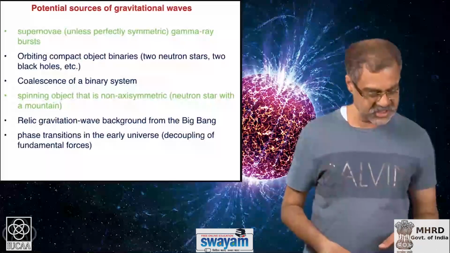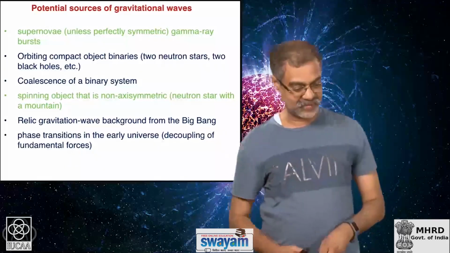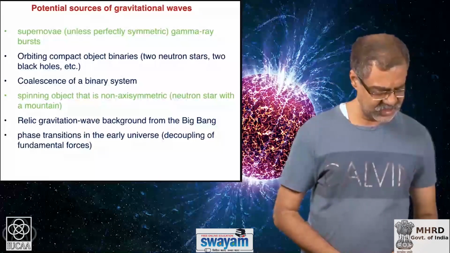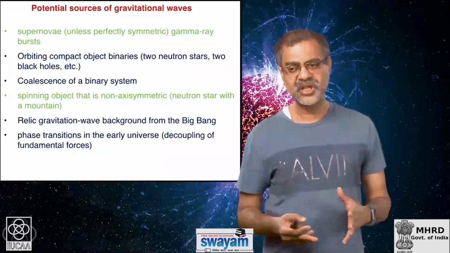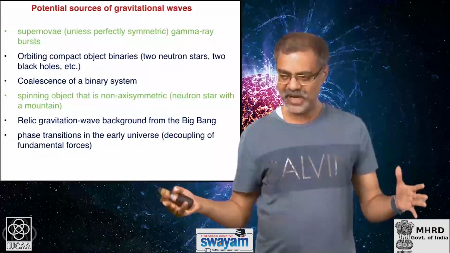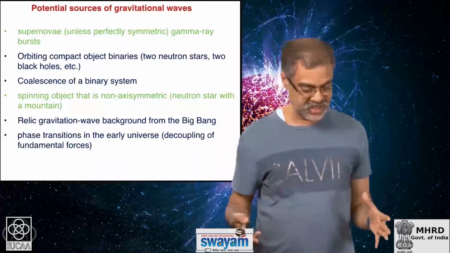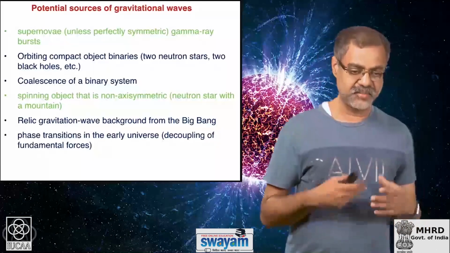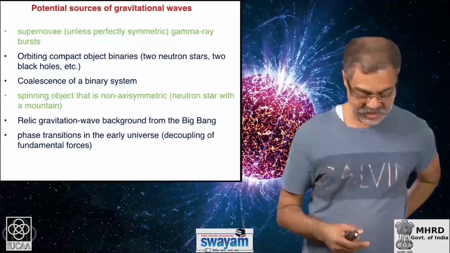I will briefly discuss the potential sources of gravitational waves, which essentially include large mass involved, large motion involved, preferably asymmetric.